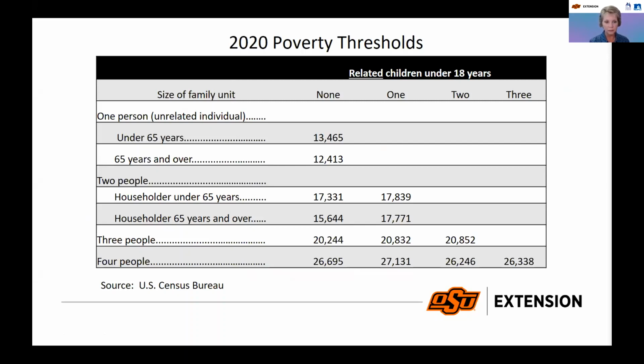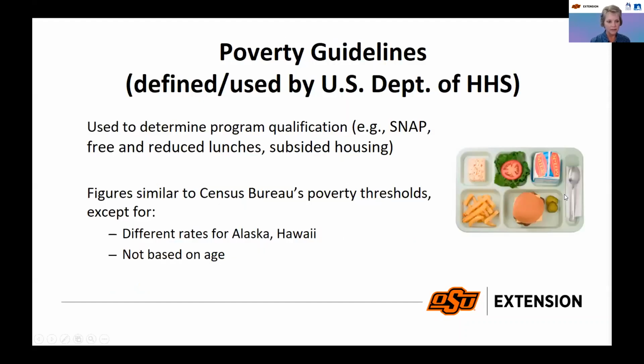For example, for one individual under 65 years of age, the threshold is 13,465. A person with total cash income below 13,465 is considered to be in poverty. I won't go over that whole slide because you've probably seen it and use it almost daily. Okay, next slide.